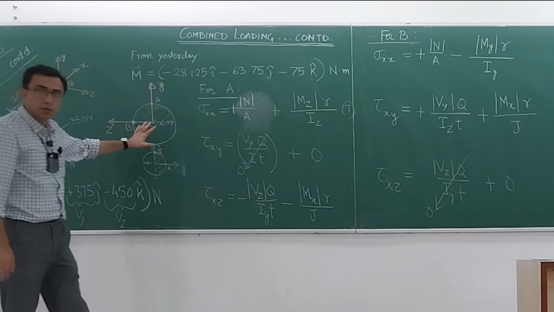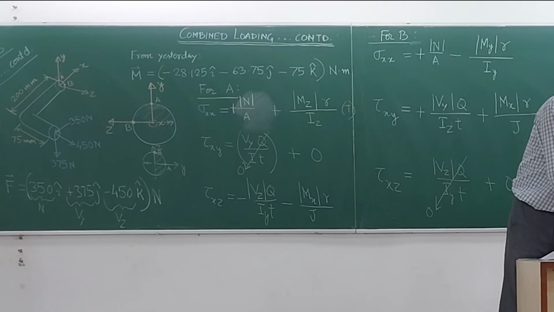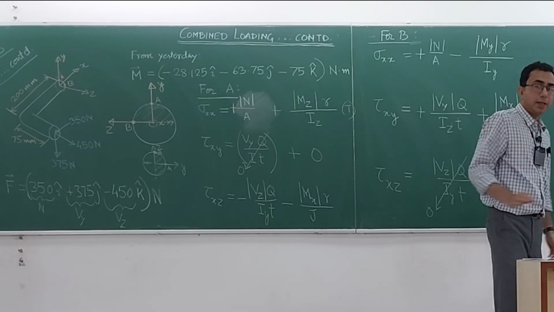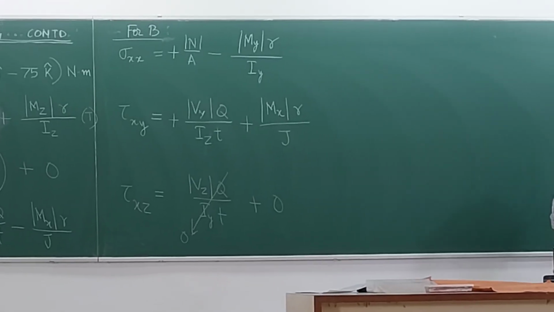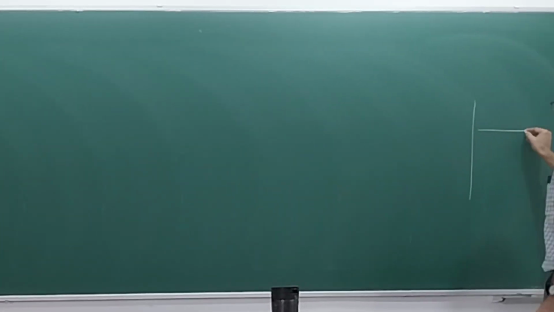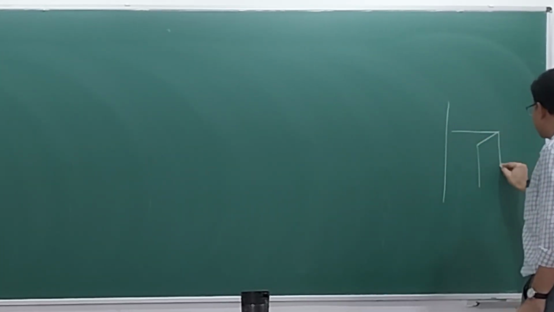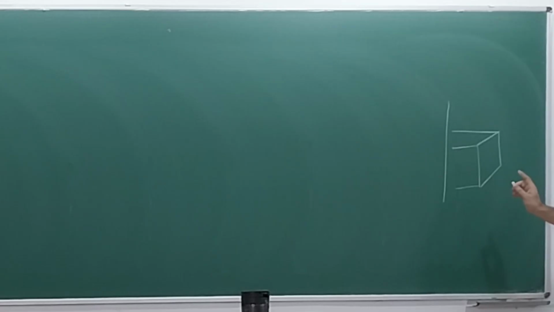If you have any confusion regarding this, just do one thing. In your rough column, everyone look at this. If at any point you are confused about this, go to your rough column and draw a simple diagram like this. This diagram you are all familiar with.